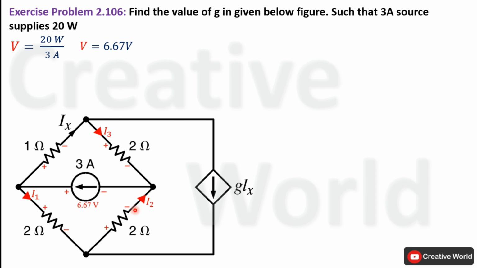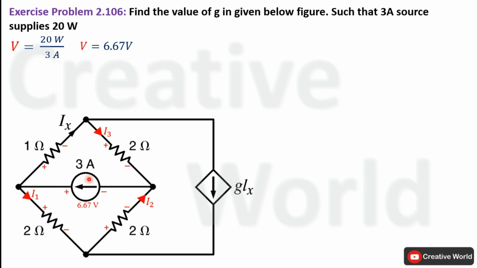Similarly, current through this branch is I2 and it is entering towards this node. Current through this branch is I3 and it is also entering towards this node. According to the assumed directions of current, polarity notations across these resistances are marked. Polarity notation across this resistance is taken with respect to this current Ix.